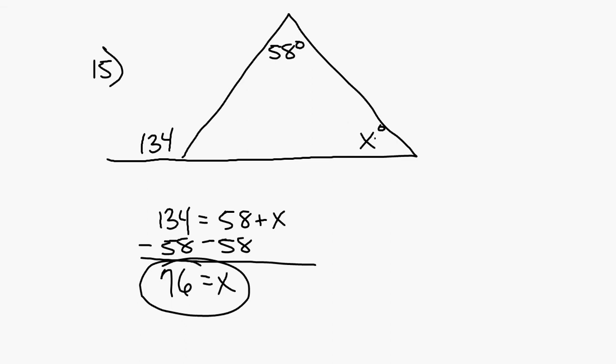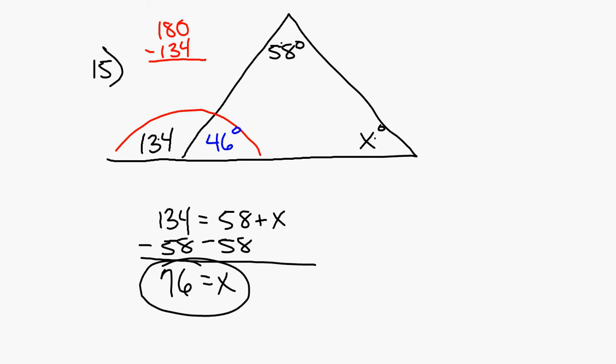The other way you can do it is to treat these two as a linear pair. So 180 minus 134 is 46. So this angle down in here is 46.